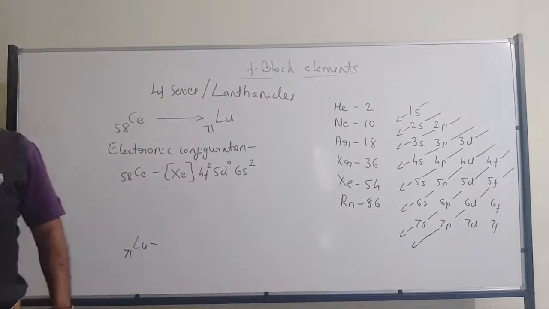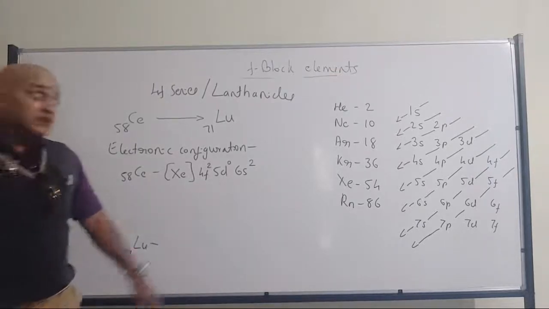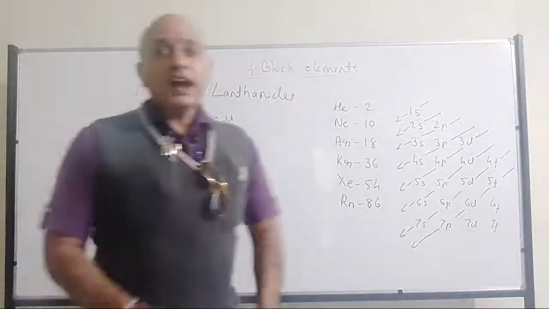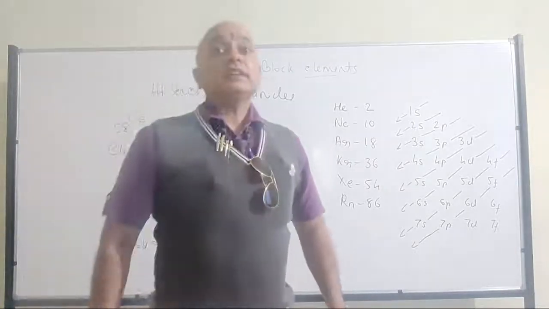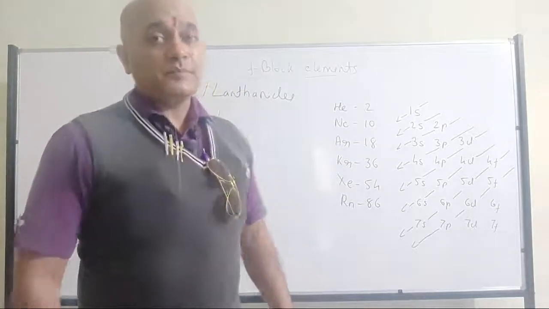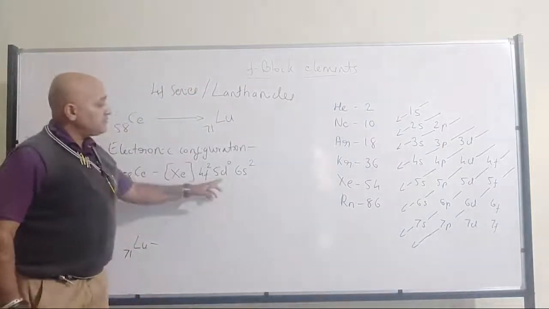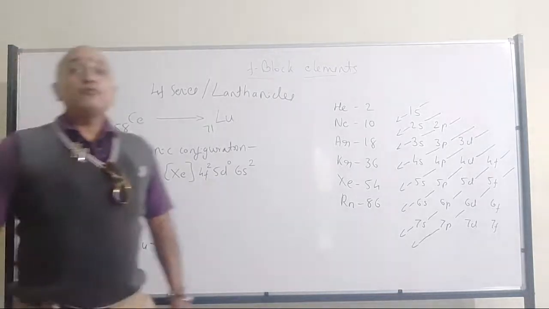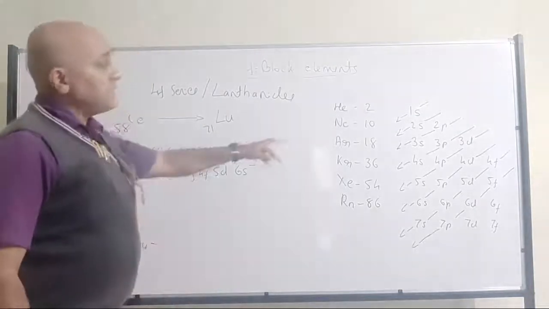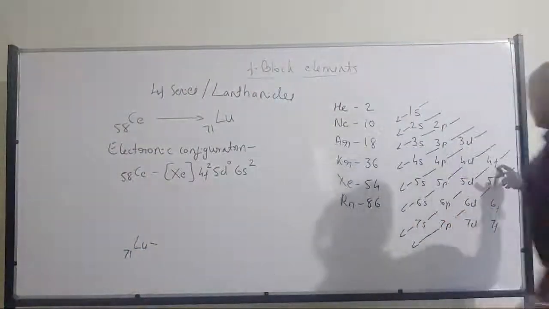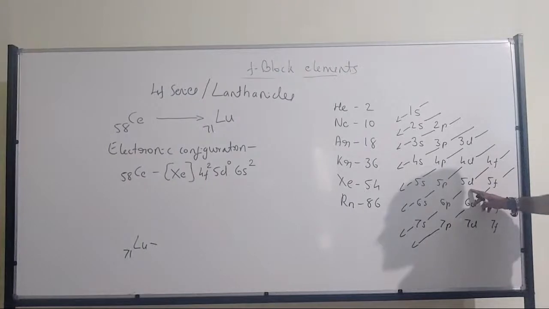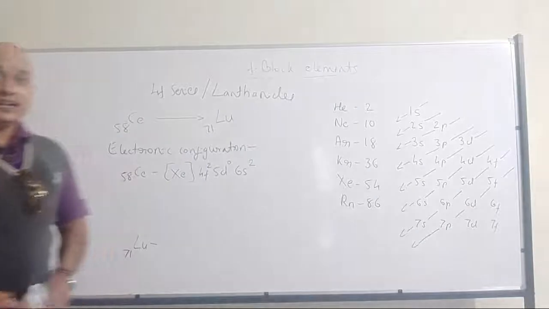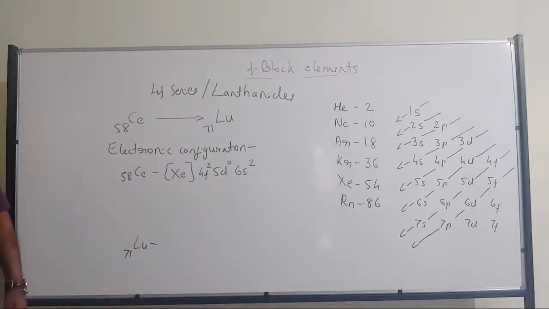Why doesn't it get filled in 4f? That is because the energy level difference between 4f and 5d is less. When it comes to lanthanum, it will become 5d1, with no electron in 4f. Since the difference in their energy levels is very small, the element goes for whichever configuration is more stable.